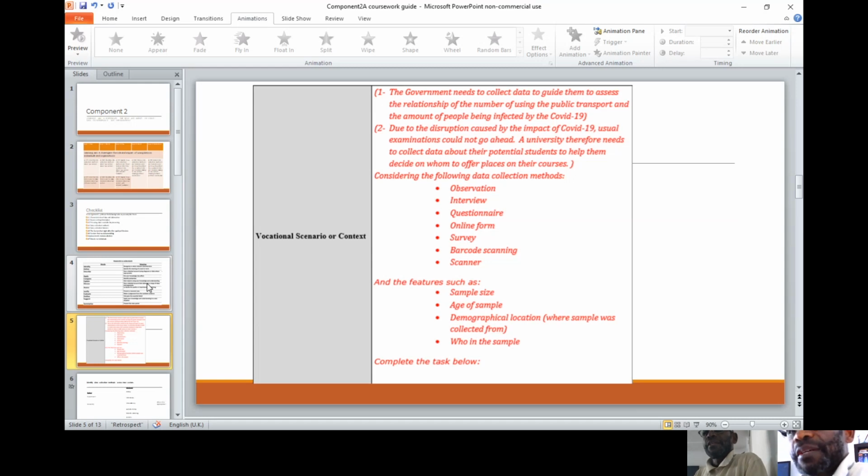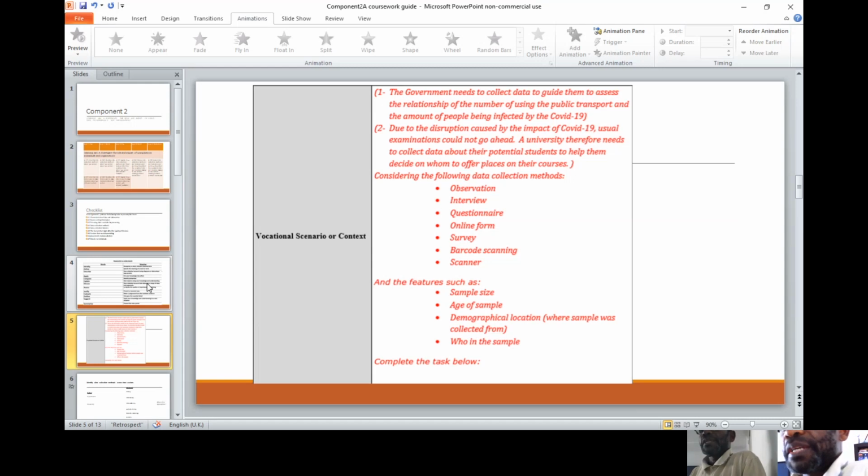The second scenario is, due to the disruption caused by the impact of COVID-19, usual examinations could not go ahead. Universities, therefore, need to collect data about their potential students to help them decide on whom to offer places on their courses.